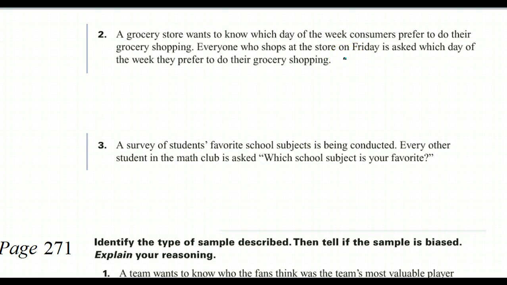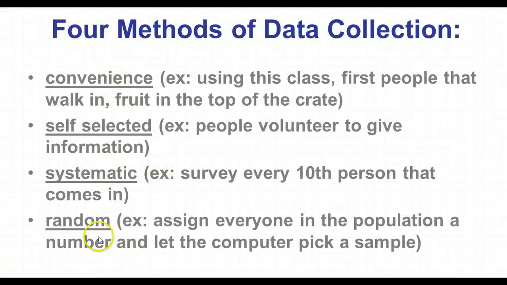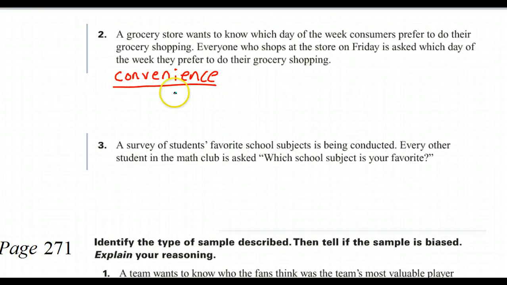Now, in terms of which sampling method it is, out of these 4, I would say this is convenience. You're just using the group that happens to be in front of you. So this is a convenience sampling. It just happened to be Friday, so you ask those people.